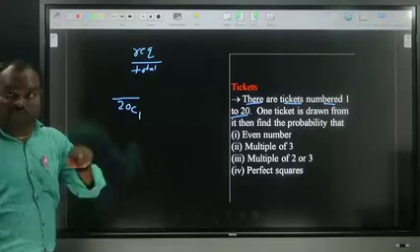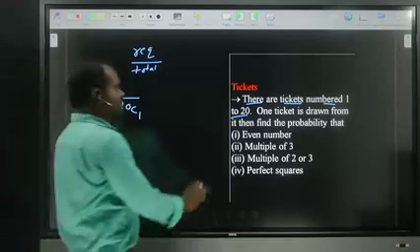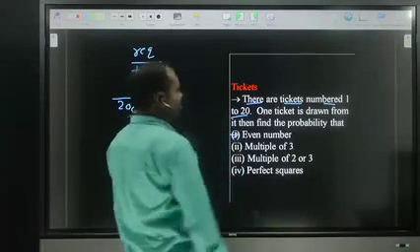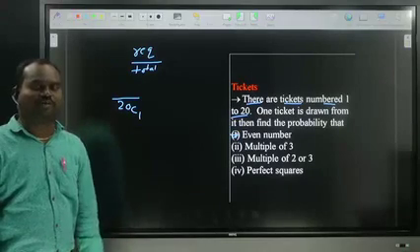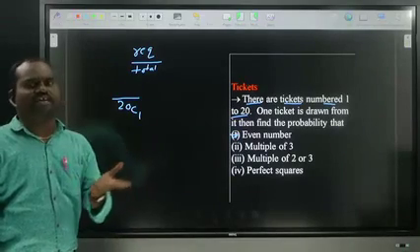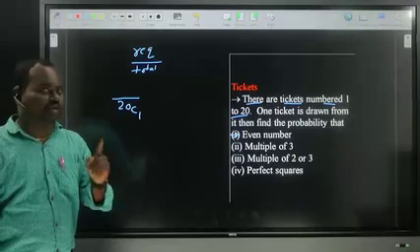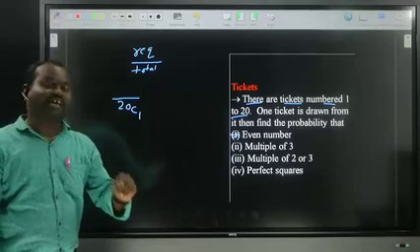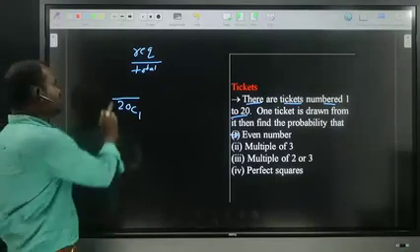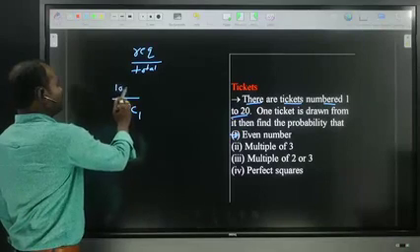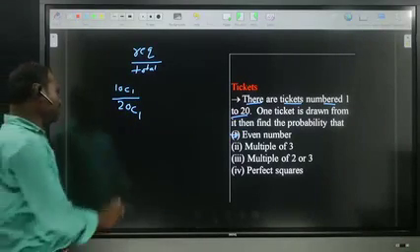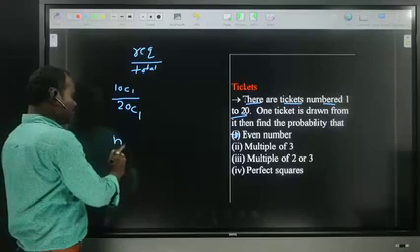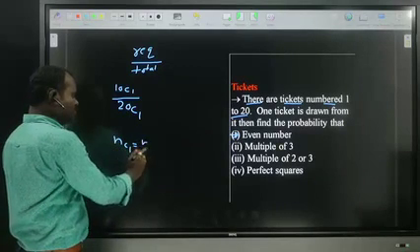C1, that one ticket. First question: which number is even? From 1 to 20, how many even numbers are there? 10 even numbers, alternate numbers. From those 10 we should pick one, so 10C1. Morning I told already: nC1 is equal to n.